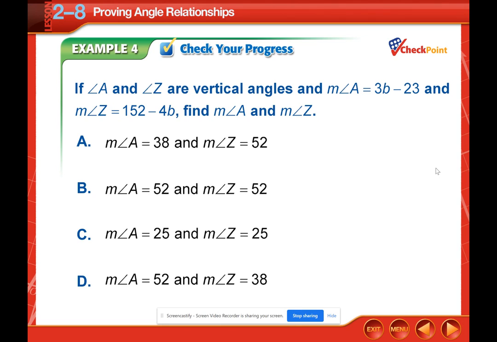We can start off with 3b minus 23 is equal to 152 minus 4b. Gather our like terms using addition and division. And we get that the measure of both angle A and Z are 52. We already could have ruled out choice A and choice D because the measures were not congruent, and vertical angles are congruent.